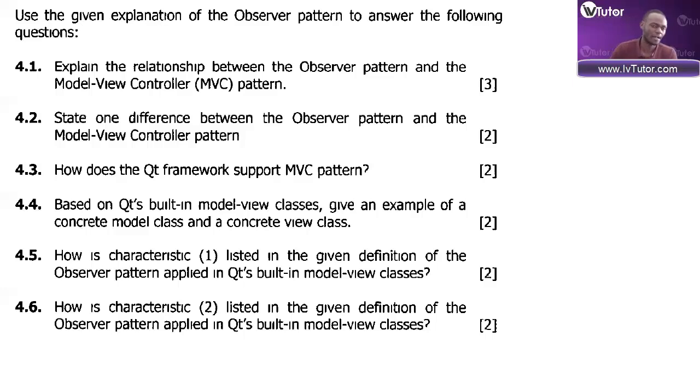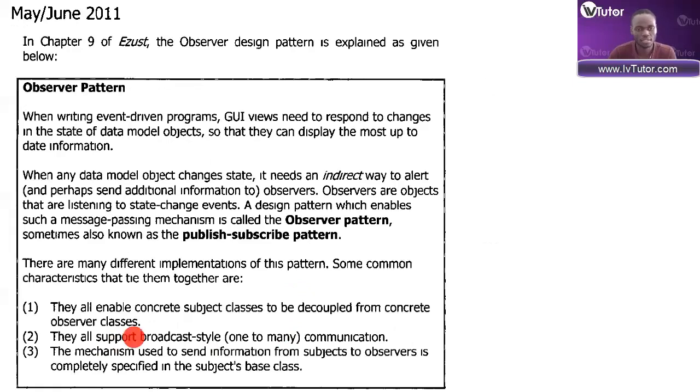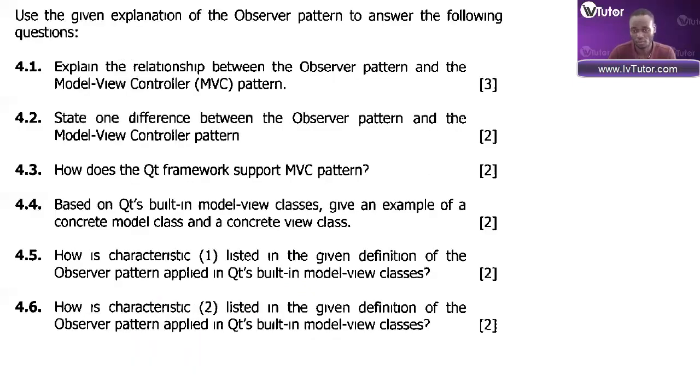How is characteristic number 2 listed in the above definition of the observer applied? Number 2 now is the broadcast one-to-many. And you can also say, because one view can subscribe to many models, and also many views can subscribe to one model, pretty much.